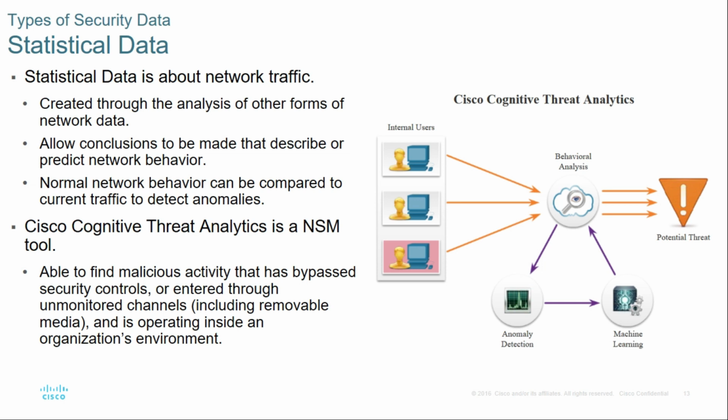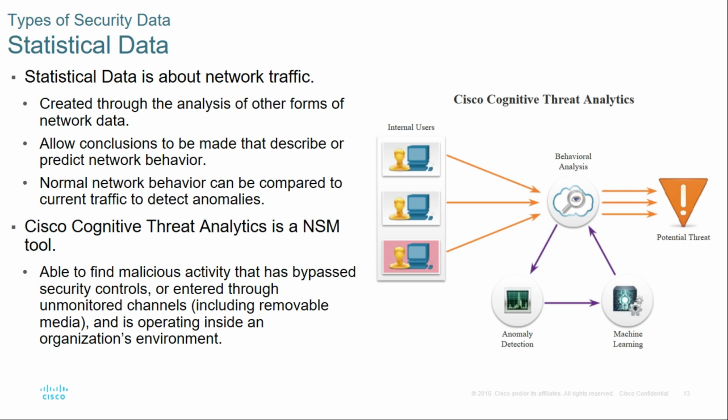Statistical data is about network traffic. Through analysis of other forms of network data, it allows conclusions to be made that describe or predict network behaviors. You can use statistical data of your network. Normal network behavior can be compared to current traffic to detect anomalies.